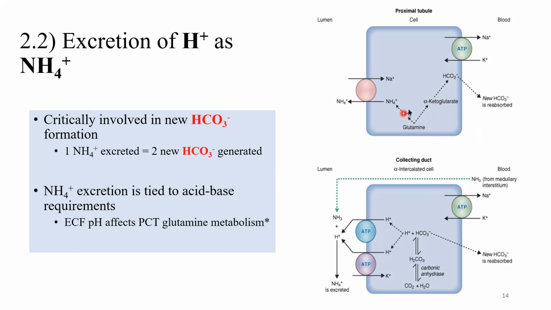Number two, this ammonia, the gas, is formed. It's basically combined with internal hydrogen and can be secreted as ammonium ion, number one, or it can be, since it's a gas and it's freely transferable from the cell into the lumen, it basically can take a trip, and it does take a trip through the lumen, through the medullary interstitium, and basically come into the lumen in front of the alpha intercalated cell at the DCT.